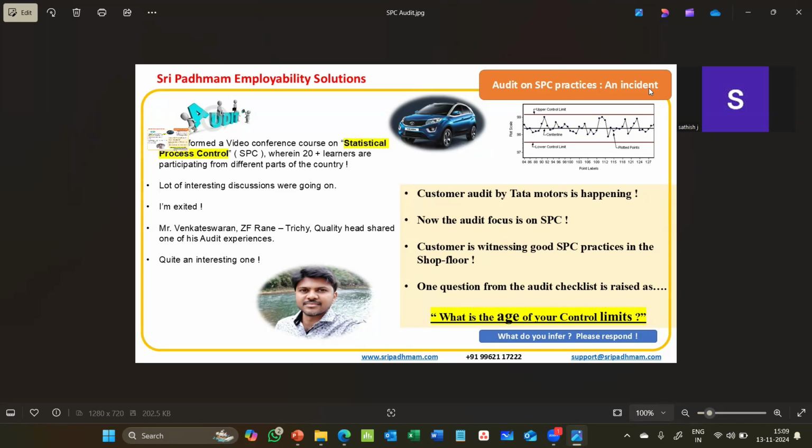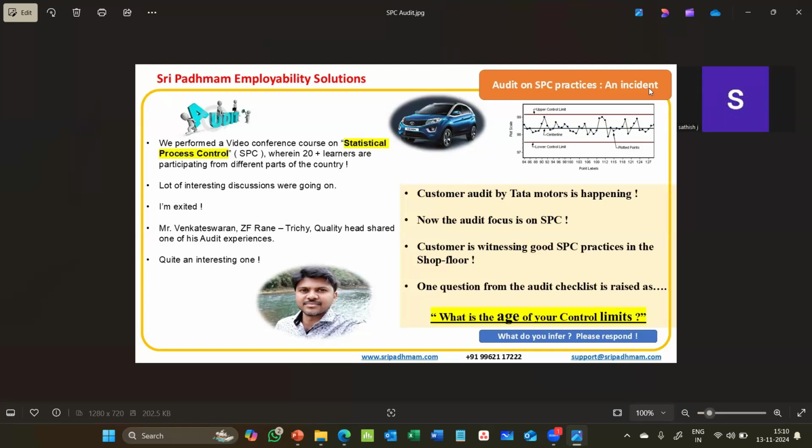We performed a video conference course on statistical process control, wherein 20 plus planners are participating from different parts of the country. A lot of interesting discussions are going on. Mr. Venkateshwaran from Trichy quality shared one of his audit experiences, quite an interesting one, with Tata Motors.